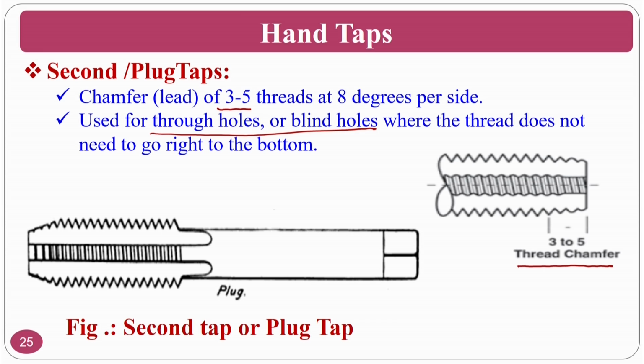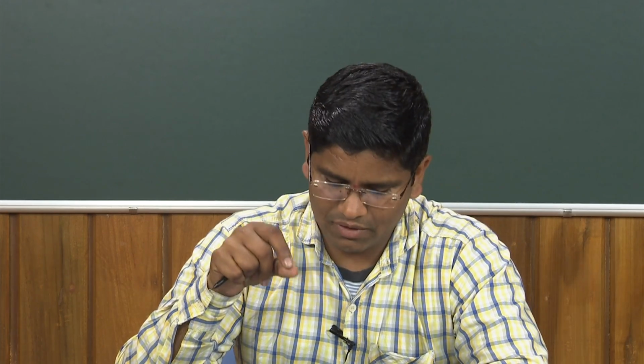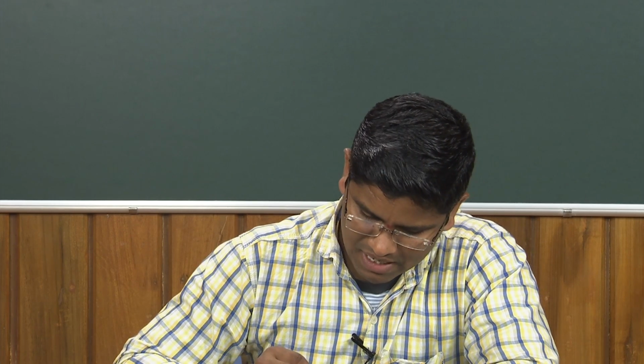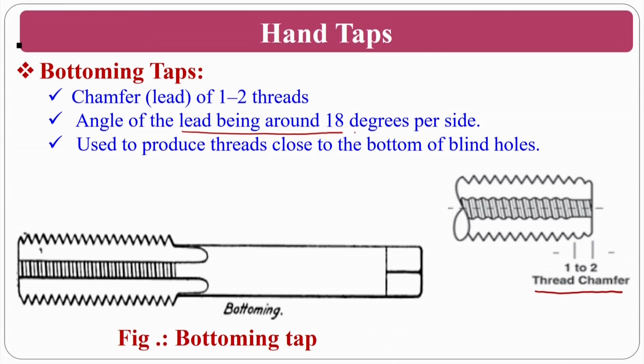The point to be noted is that you have to use this one after your taper tap. Okay, so the taper tap is followed by the plug tap, then followed by the third one, called the bottoming tap. The chamfer here will be 1 to 2 threads, with the angle of the lead being around 18 degrees per side, and it is used to produce threads close to the bottom of blind holes.